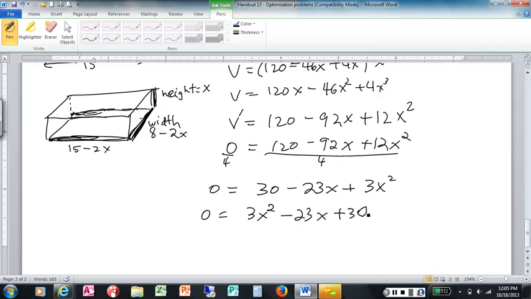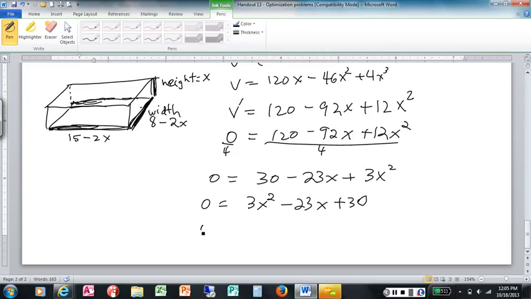Which, how do we solve that? We can use factoring. We can use quadratic formula. If it doesn't factor, you can use a quadratic formula, but I think it factors. 3x and x, let's see, 10 and 3, will that work? No. How about 15 and 2?